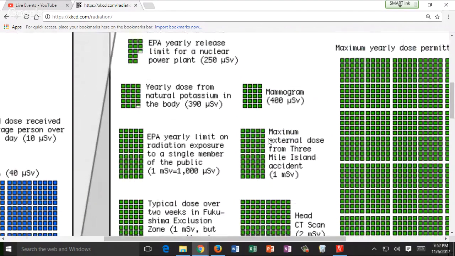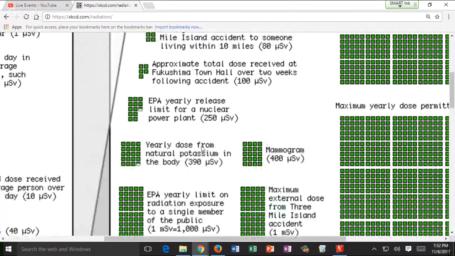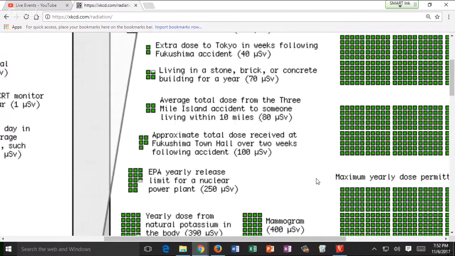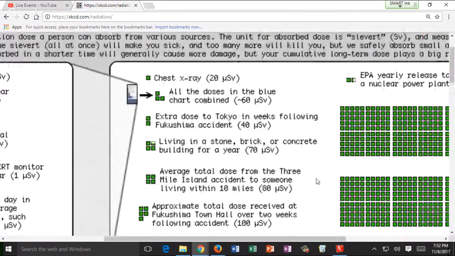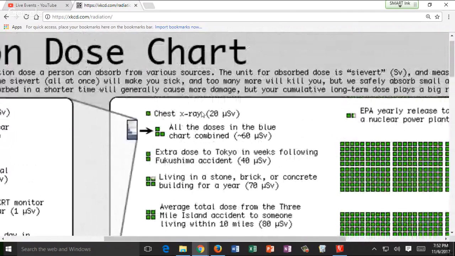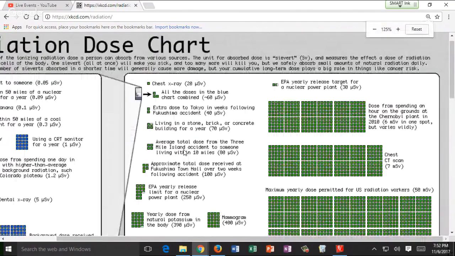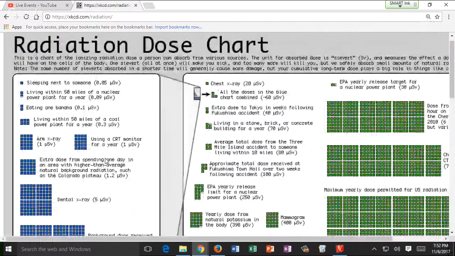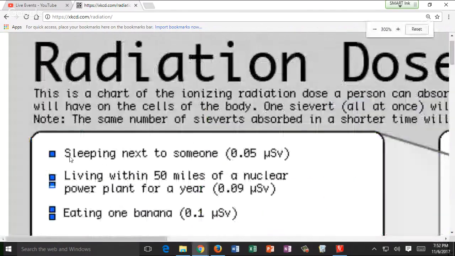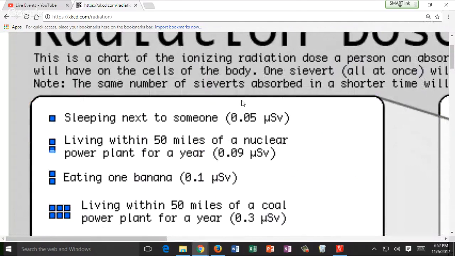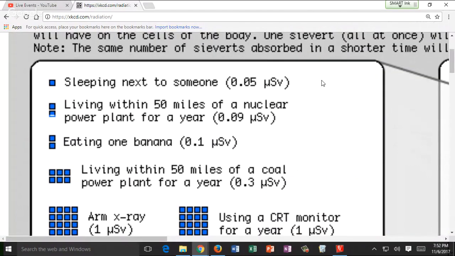So you see some different ones. Even stuff like natural potassium in the body, right? That's giving you some radiation just because there's some radioactive potassium in your body. All the way down to a single chest X-ray. All right, so then if we get to the really tiny doses, you're actually getting radiation by sleeping next to somebody because there's radioactive stuff in there, right?